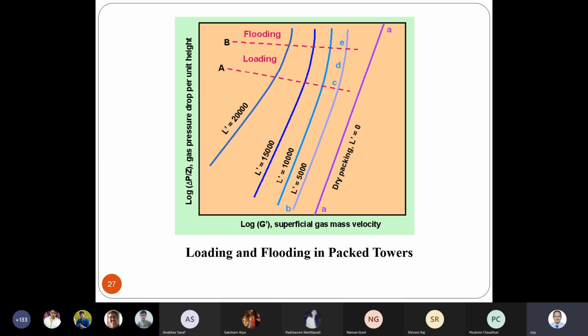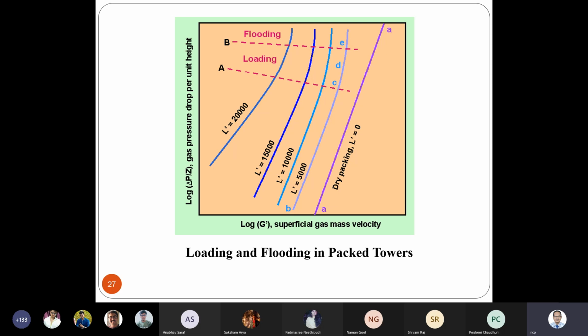And yes, you will have one experiment. For all streams, we'll do this mass transfer lab. We'll have one experiment on the flooding and loading characteristics of packed towers in the mass transfer lab. There we'll study this and observe this phenomenon, and we'll also see that the flooding line will be generated. If we plot gas velocity versus liquid velocity, we'll get this kind of plot.